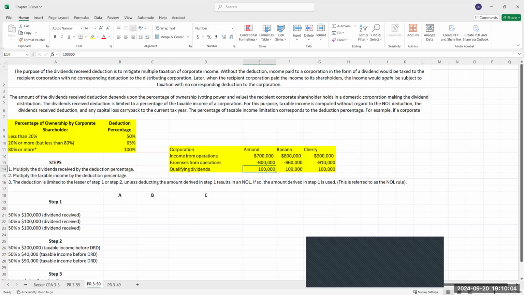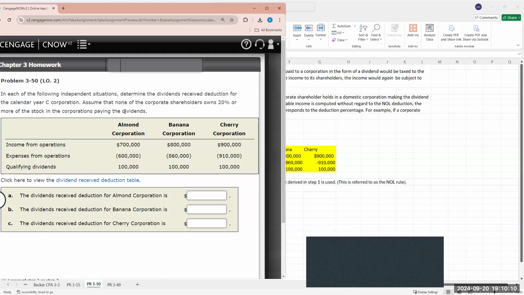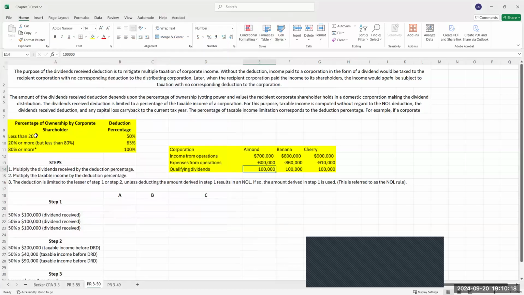And it lets us know here to assume that none of the corporate shareholders own 20% or more. So all of them are less than 20% owned. So this is what we are going to be factoring in, right? The 50% percentage. So based on this information, we start to look at everything that's taken place.